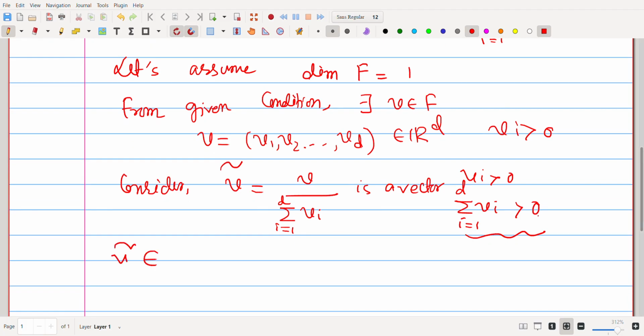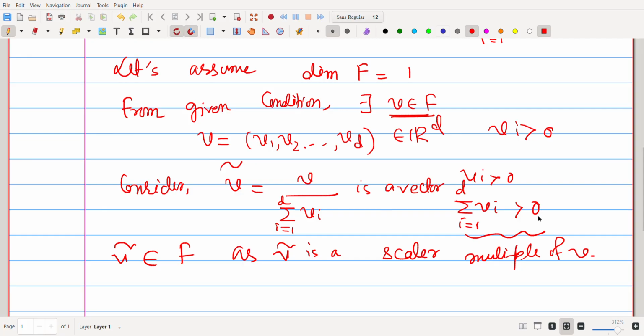V tilde also belongs to F, as V tilde is a scalar multiple of V, and V is already in F. That means any of its scalar multiples is also in F, because F is a subspace.